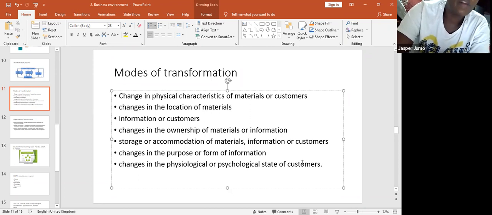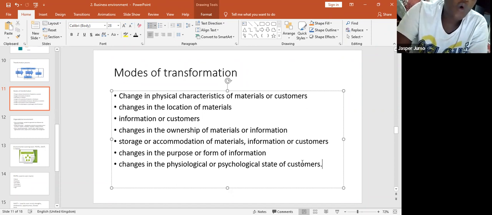So when we talk of transformation, do not limit yourself to think of products that are being made. There are so many forms of transformation that can happen. We have seen information, we have seen ownership being transformation, we have seen storage of goods being transformation, we have seen the change in the psychological state of someone being a transformation.